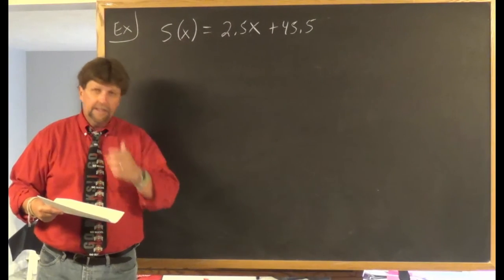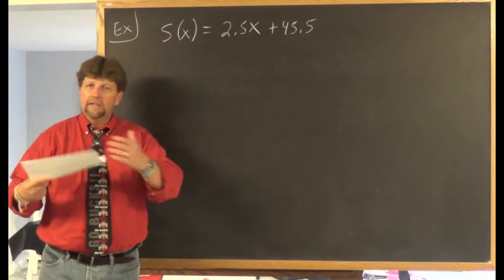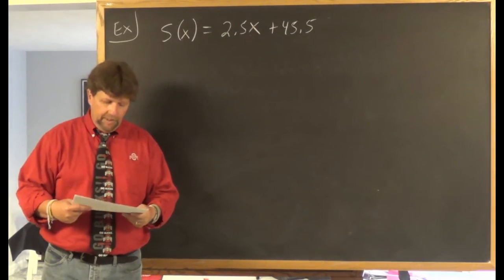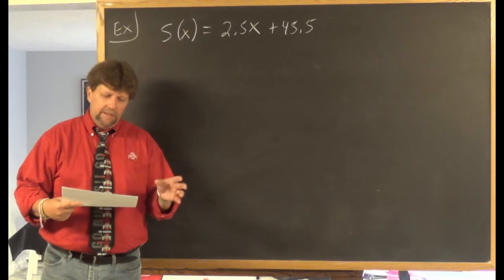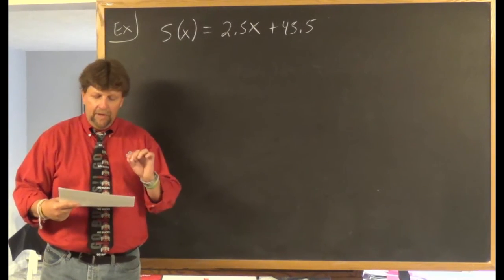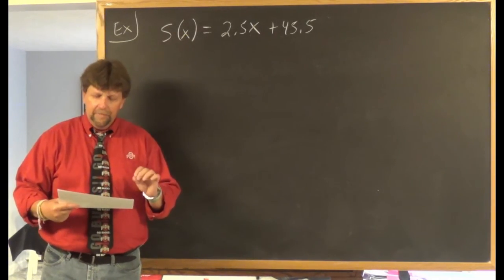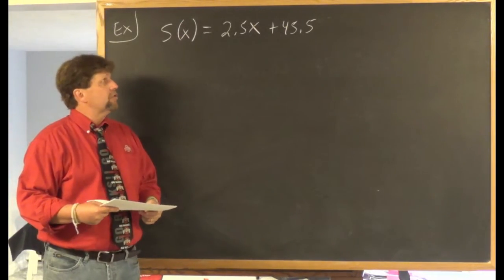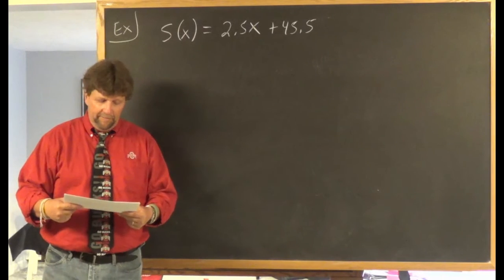All right, we're continuing the discussion about these tires that started us off in the consumer surplus. In this example, suppose the supplier of the Stark Series tire has a supply function given by S of x equals 2.5x plus 45.5.